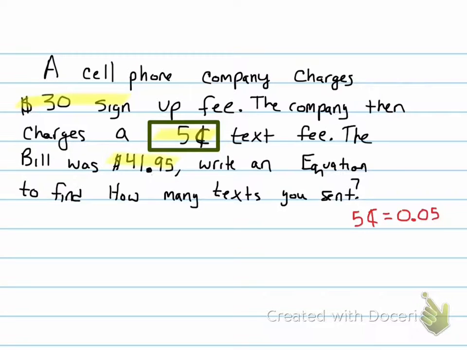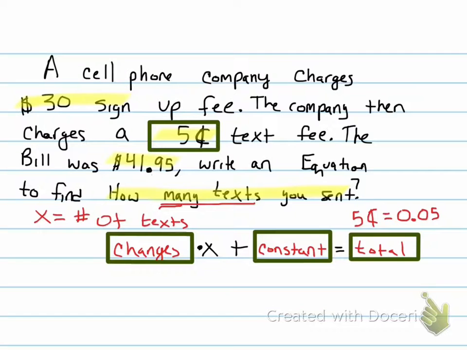So first, let's define our variable. Our variable is the question. So x equals number of texts. This last question is where you can find your variable most times, okay? How many texts? Alright, so now let's use our formula for our equation. If you write this down on your paper, and some of you guys might be able to do this by now, but if you write this down, this will really help simplify it.